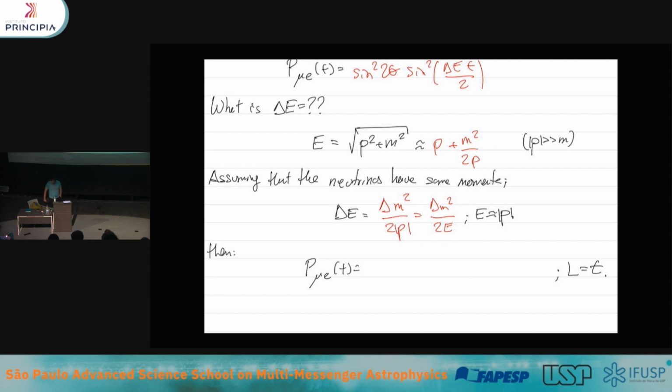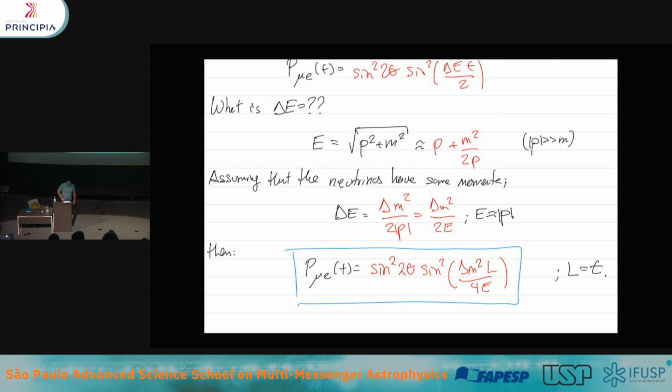And that leads us to this classic equation that you've probably seen in many talks, that says the oscillation probability for two flavors depends on the mixing element, sine square 2 theta, and then it depends on sine square of delta m square. And then assuming that the neutrinos essentially go at the speed of light, which is a good approximation, that gives me L over 4E. Okay? And so you end up with this appearance probability relationship.